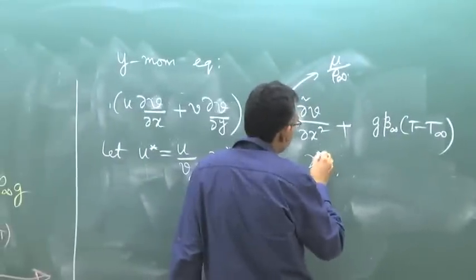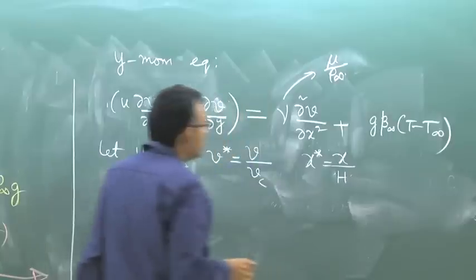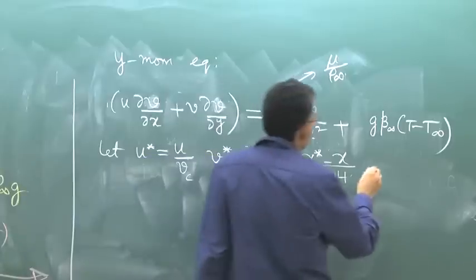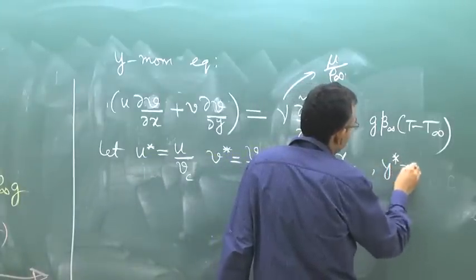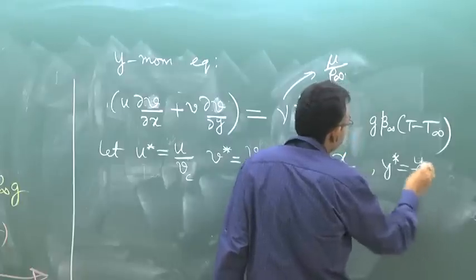So let us call x star is equal to x by h, y star is equal to y by h.